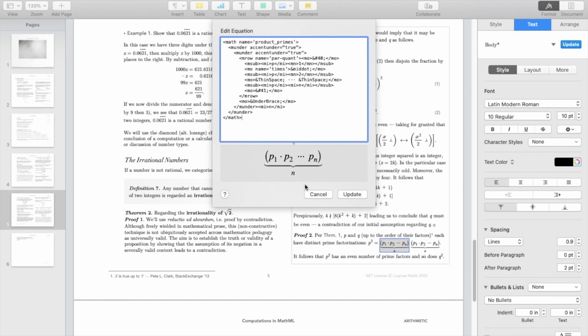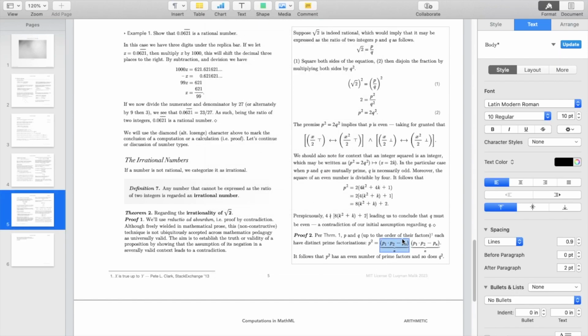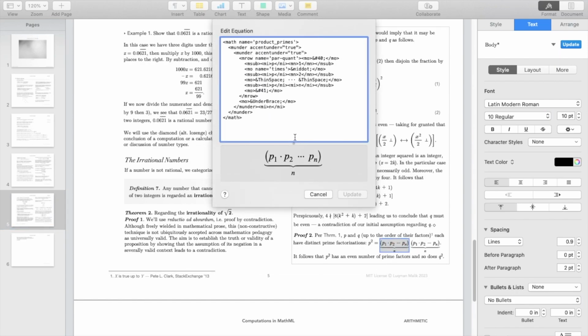I'm going to hit cancel because I haven't made any edits here. Yeah, and I'll point out that for the second factor, number, right?